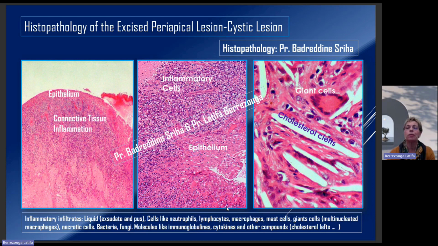But this reaction of the immune system is due to this aggression, the trauma first, and the trauma leads to the rupture of the vasculature, and the pulp becomes necrosed, and then bacteria will colonize this necrosed pulp, okay? And this colonization will lead to the infection of the cystic lesion, okay?